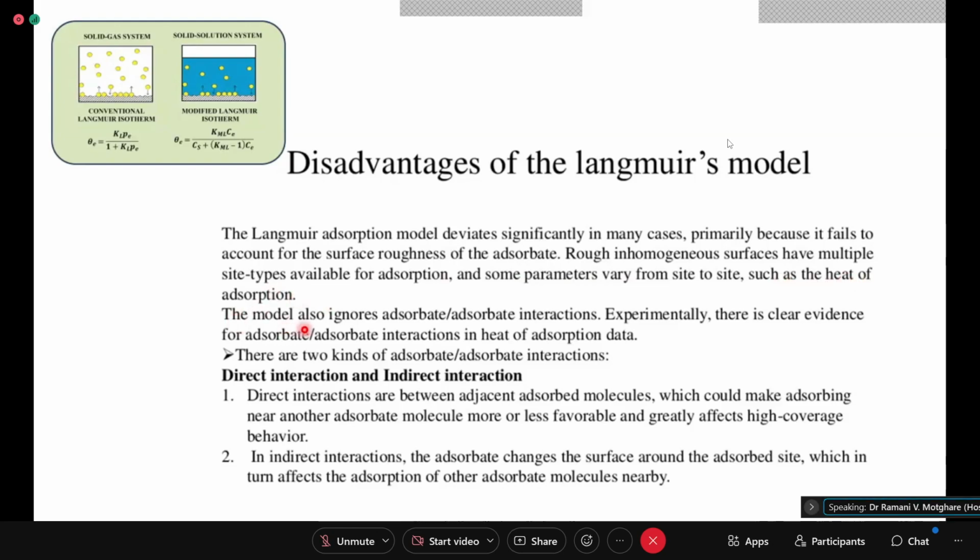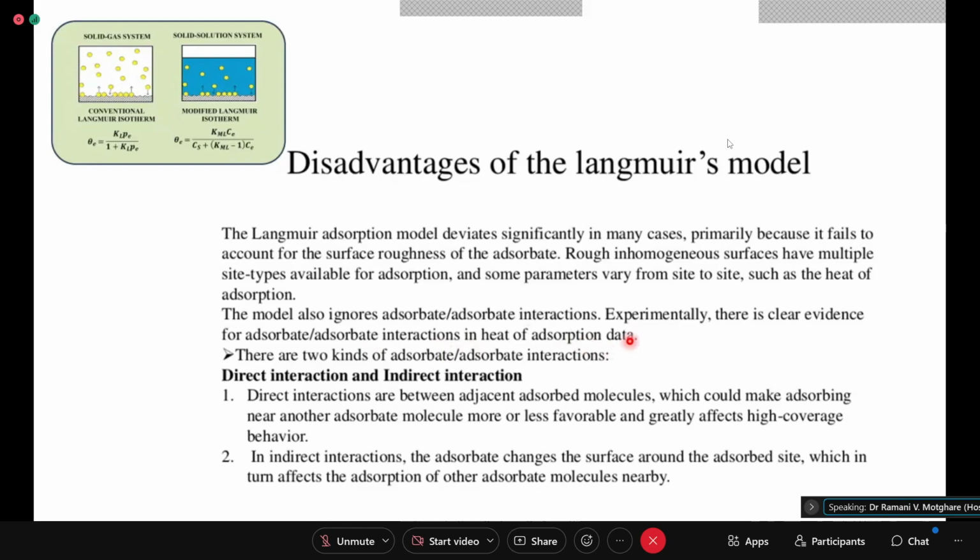The model also ignores adsorbate-adsorbate interaction, that is, interaction of the molecules of the adsorbate.